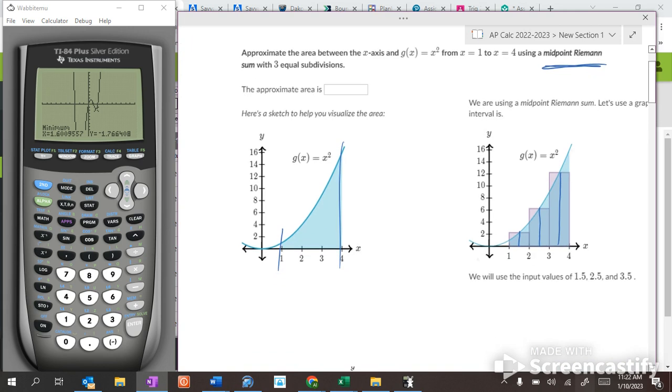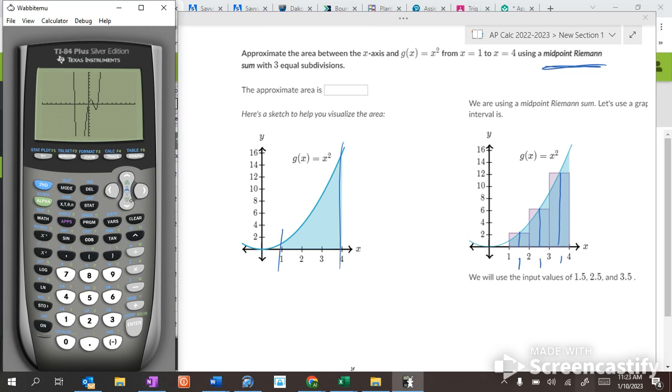Okay, so if we're doing this Riemann sum, I have to put 1.5 in for x to figure out the height, because my width is going to be 1 for each of these rectangles. My height is going to be whatever 1.5, 2.5, and 3.5 squared is.